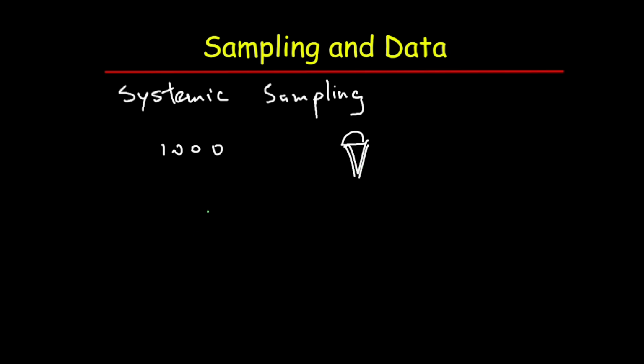We're going to choose a random number. So let's say we choose 80. Then we're going to sample every 10th person. So we're going to sample the 80th person, then the 90th, then the 100th, then the 110th, and so on and so forth. So this is called systematic sampling.